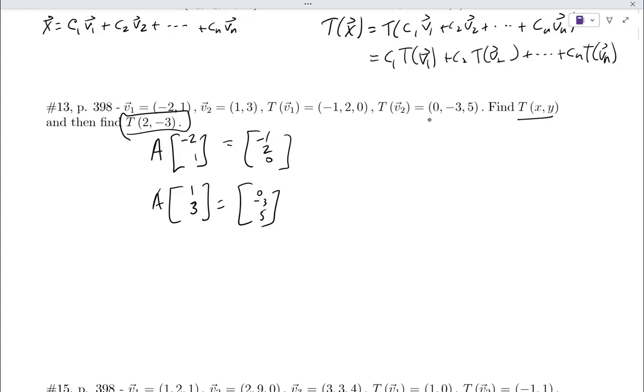Yeah, good. We can figure out what the coordinates are for this (2, -3) in terms of the basis we're given, right? So I want to solve that.